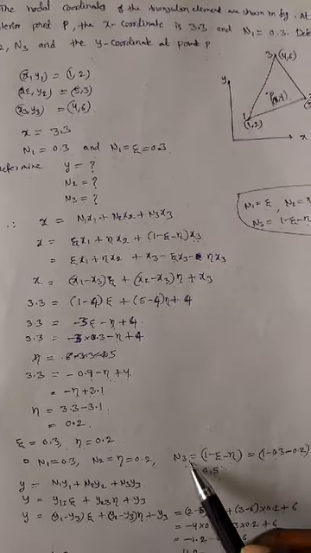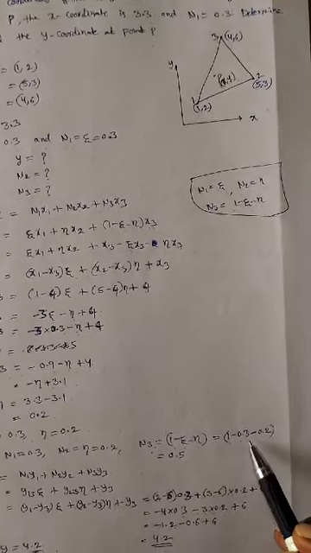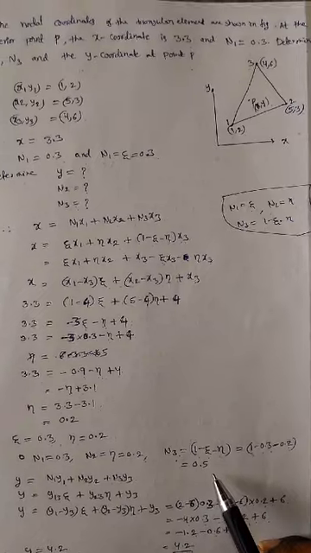Therefore, n3 is equal to 1 minus xi minus eta, that equals 1 minus 0.3 minus 0.2, that equals 0.5.